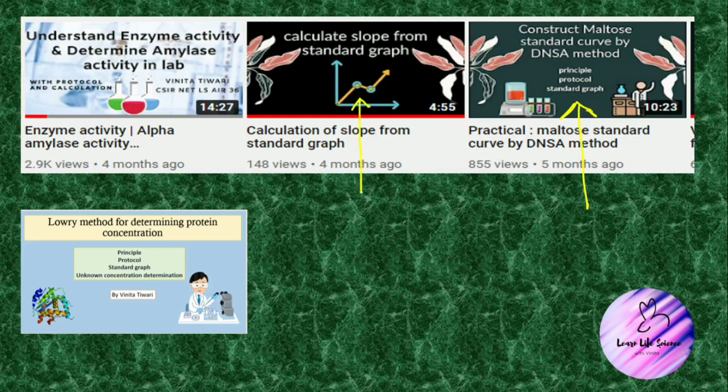Then I have also prepared one video on how you can calculate the slope from any standard graph. And then I have also prepared one video on how you can calculate the enzyme activity. In that video I have given the complete principle, protocol as well as the calculation, and this is one protocol that I have posted recently on the Lowry method for determining protein concentration.